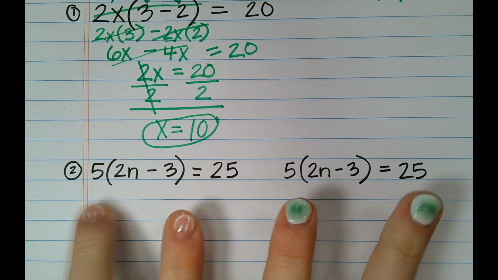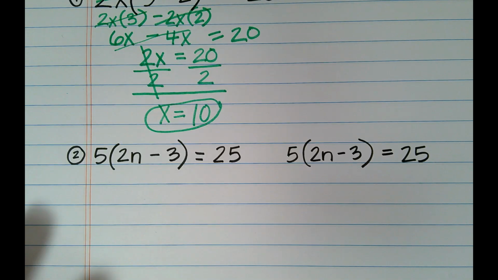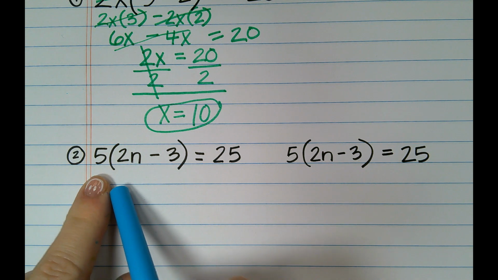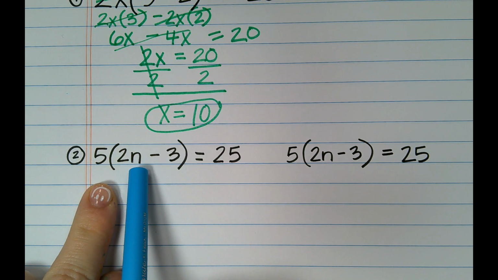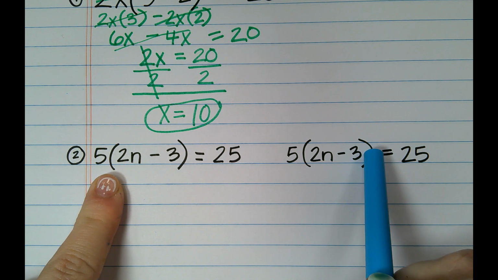The same equation, I just wrote it twice. So let's start by using the distribution method. We'll solve for n here, and then we're going to go through a slightly quicker way to do it.